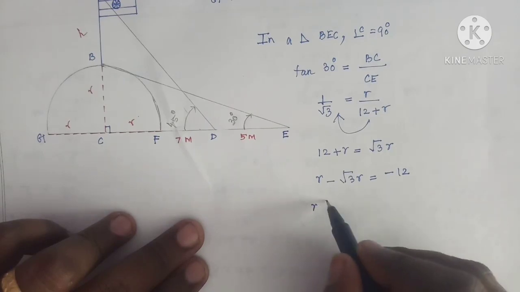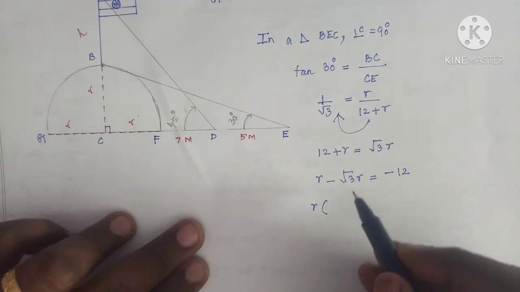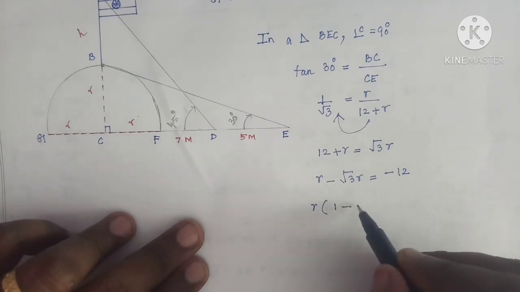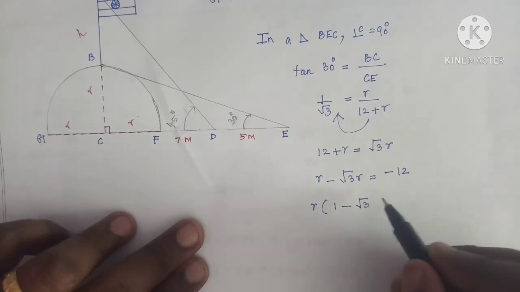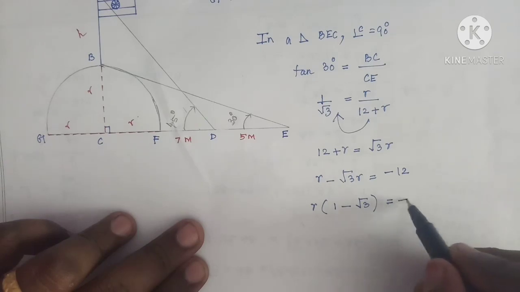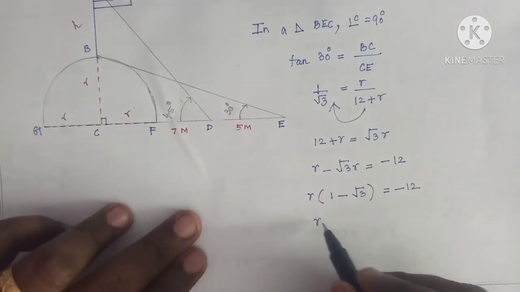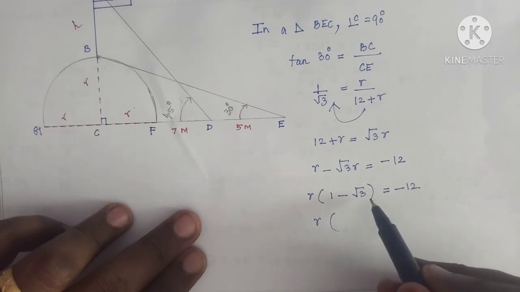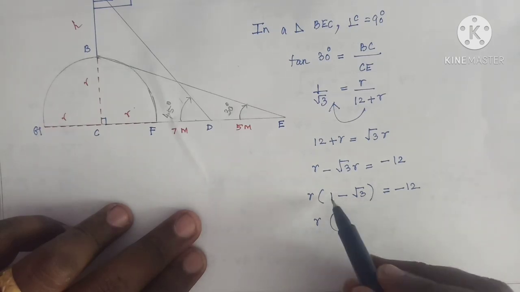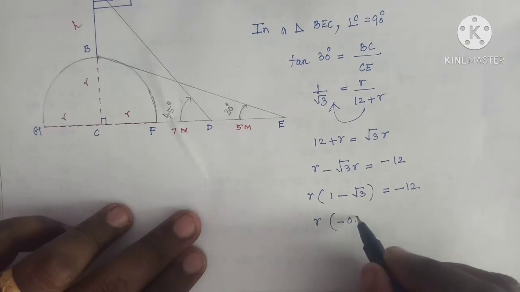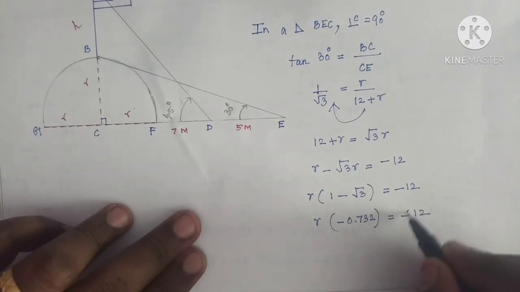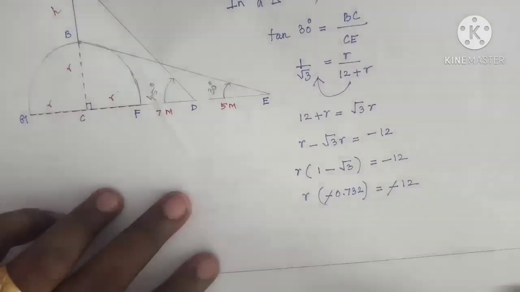If you take R out, what do we get? Here 1 minus root 3 equal to minus 12. So R into root 3 value is 1.732. Minus 1.732 plus 1 gives minus 0.732 is equal to minus 12. This minus will be cancelled.